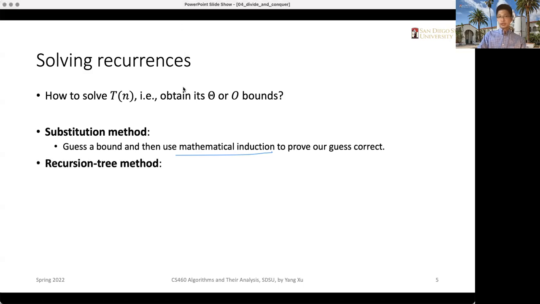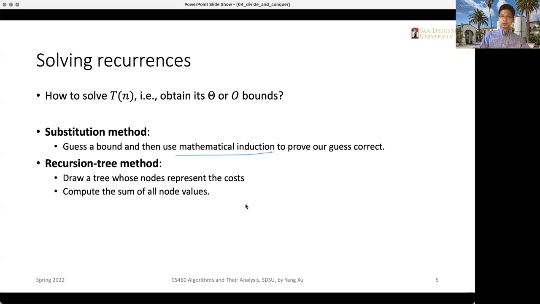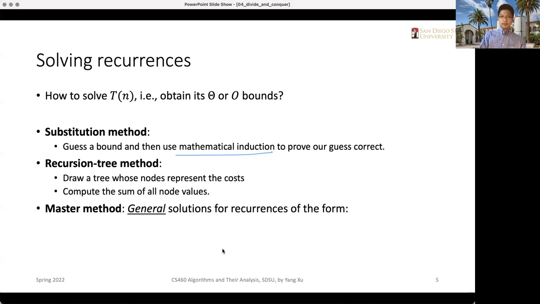Okay, and the second is what we have used before, the recursion tree method, right? We draw the tree with all the nodes and try to sum up all the nodes. And the last general solution is called the master theorem. So it provides generic solutions to all the recurrences, as long as they satisfy these formats.